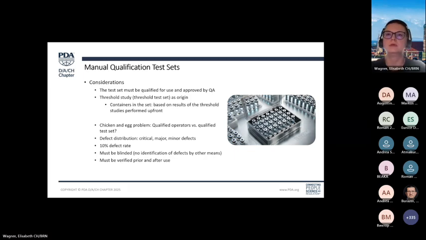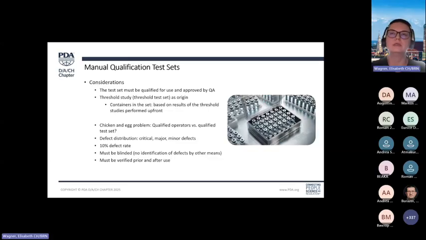So after a specific time, for example, after 1 year in production, you could do a re-evaluation and check if the content of this initially established test set is still valid, or you could exchange some defect types and re-qualify again.